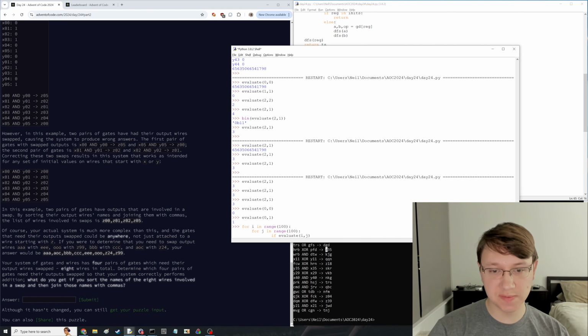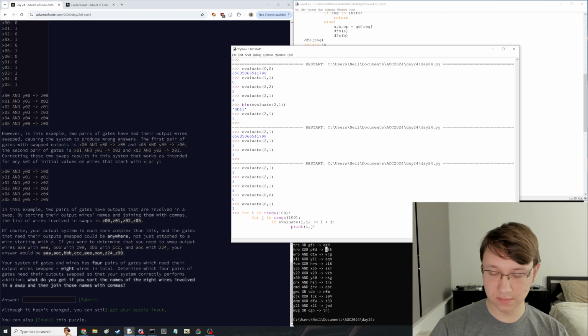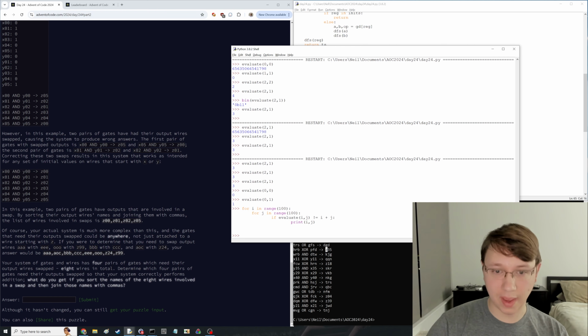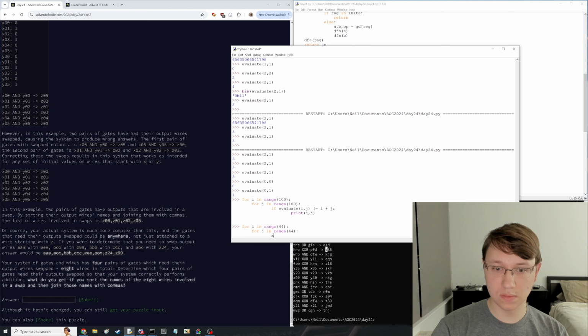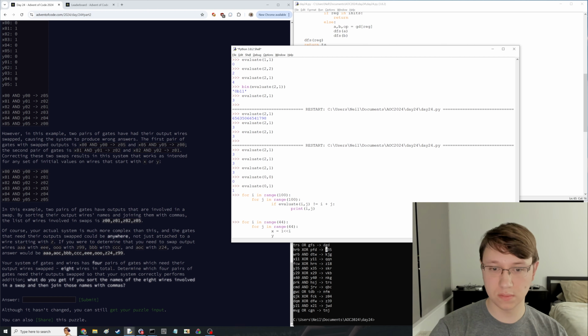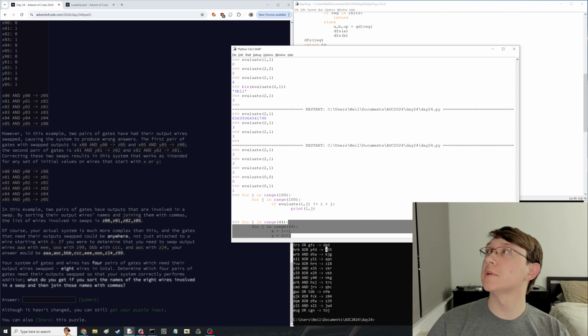Let's try some small bits, some small numbers. Okay, so everything here works. So maybe now we can do... I wanted to be able to shift.